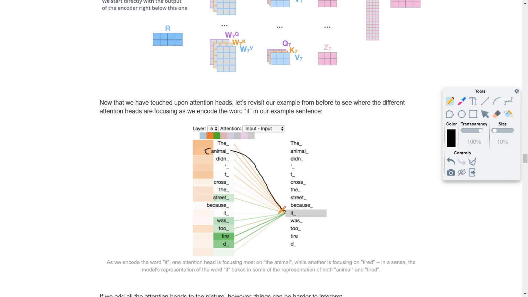However, using all of these attention layers, from the fifth attention layer, we see that even tired is related to it, and also street is related to it. So with the combination of all the attention heads that we have, we will find what exactly it refers to.